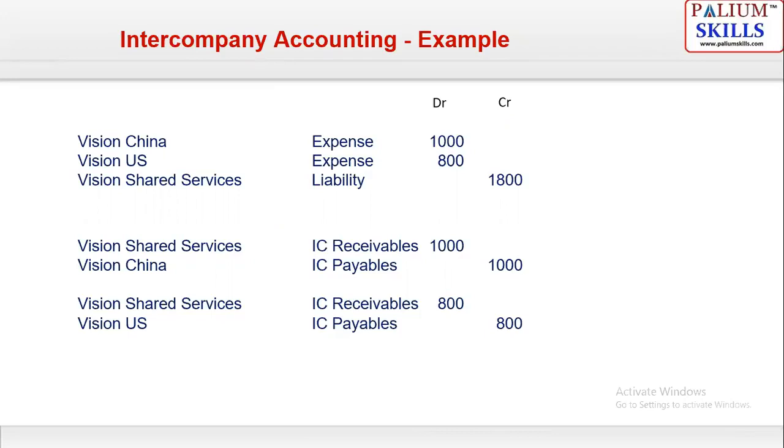Behind the scenes, the intercompany accounting that will happen is, between Vision shared services and Vision China, a transaction which will ensure that this entire transaction is balanced out. These are the intercompany receivables and payables transactions between Vision shared services and Vision US.